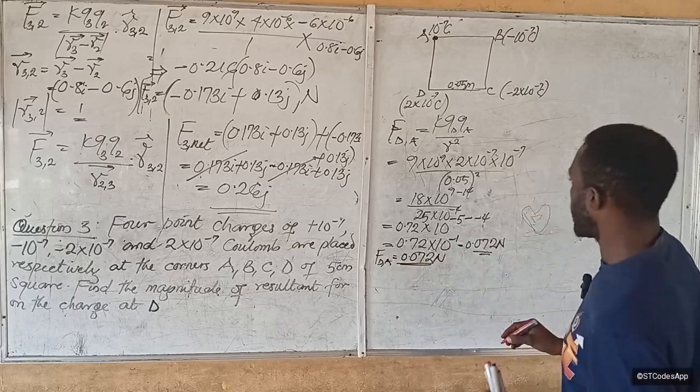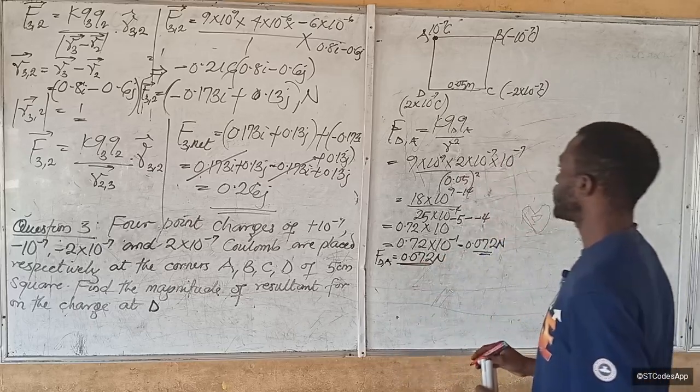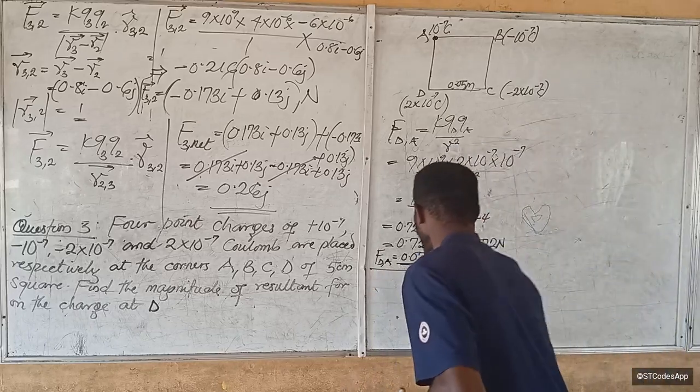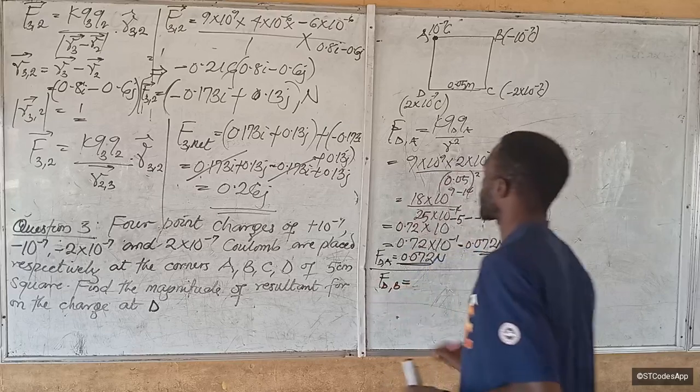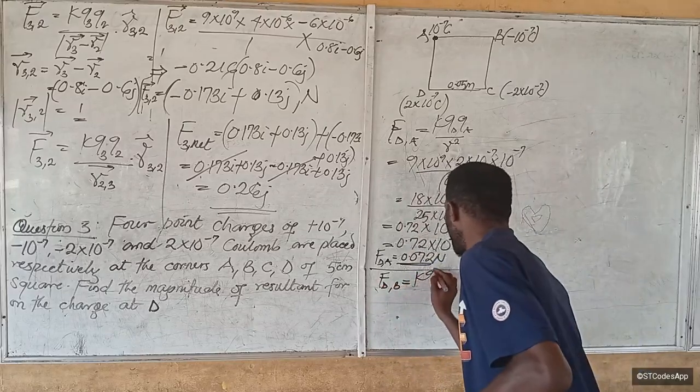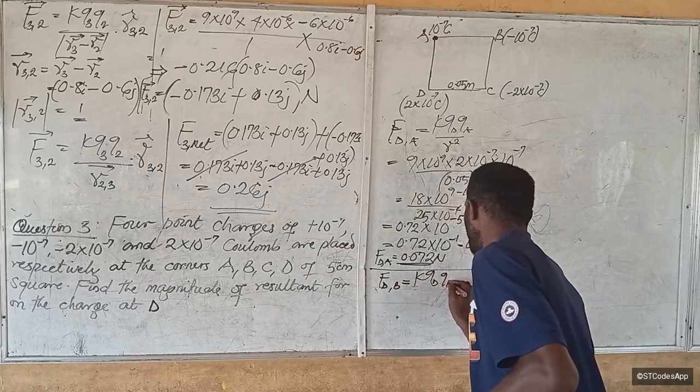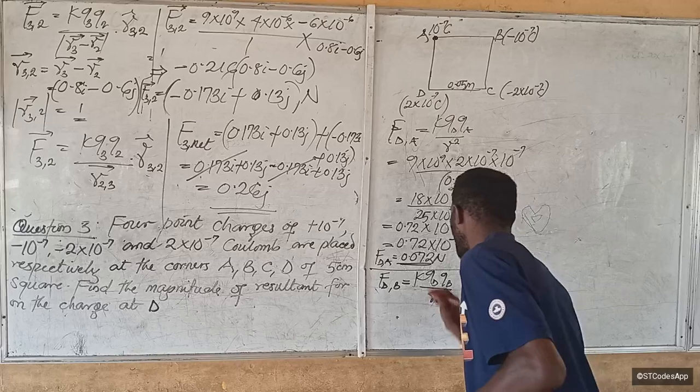Now let's solve for F_DB, the force on D due to B. That also becomes K Q_D Q_B over R squared.